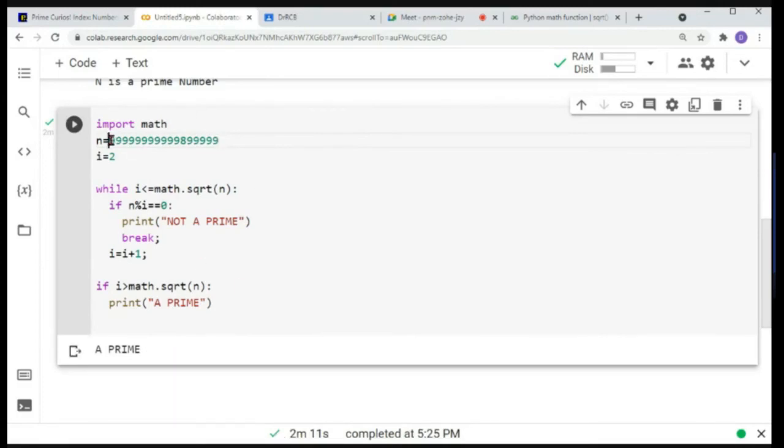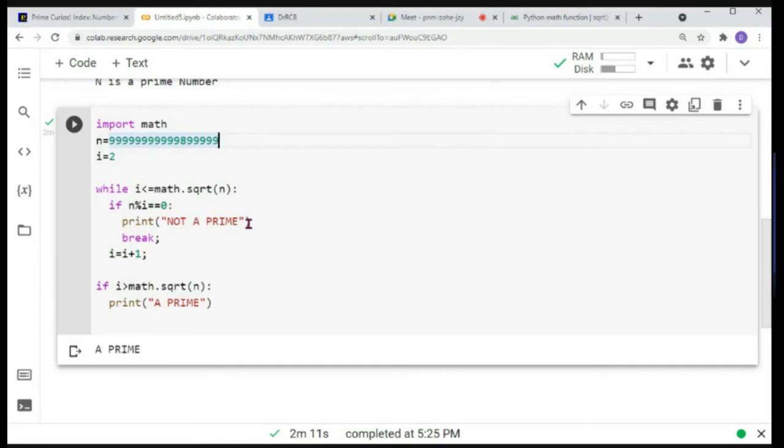Say, this number is one digit, two digit, three digit, four digit, five digit, six digit, 7, 8, 9, 10, 11, 12, 13, 14, 15, 16, 17 digits number. Now, our program has given us the output for a 17 digit number, with this version of the program, in 2 minutes, 11 seconds. Whereas using the previous logic, a 9 digit number took almost the same amount of time.